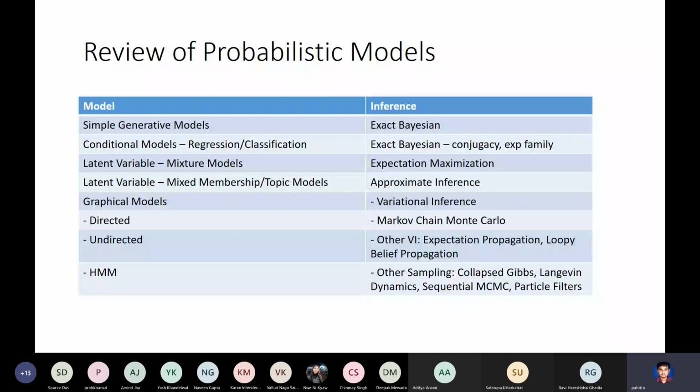They were developed by two researchers at the University of California, Berkeley, David Blei and Michael Jordan. Since then, probabilistic machine learning, Bayesian machine learning, really caught the eye of machine learning researchers, and things became popular.